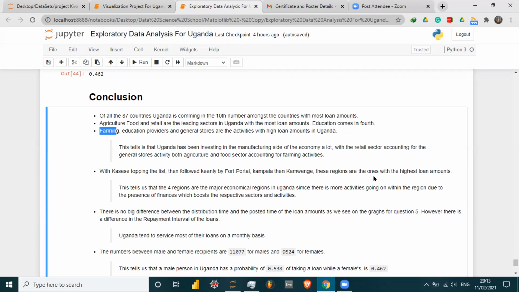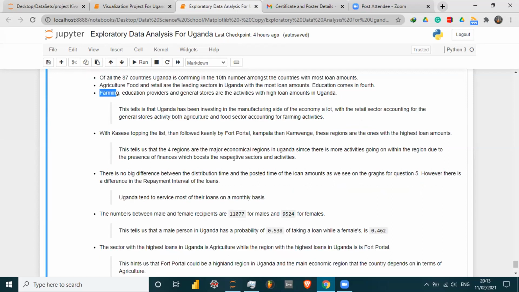These regions are the ones with the highest loan amounts. So I explained that this tells us the four regions are the major economic regions in Uganda, and since there are more activities going on within the region due to the presence of finances, which boost the respective sectors and activities.